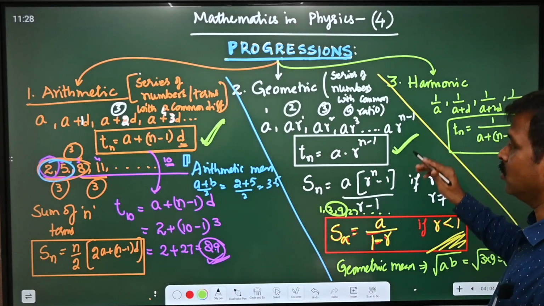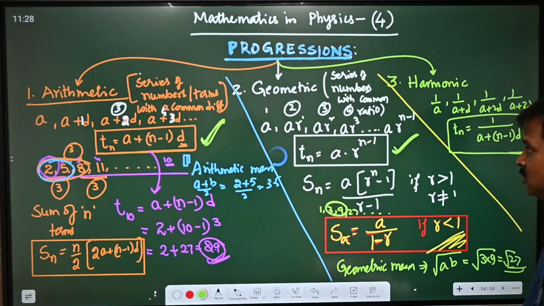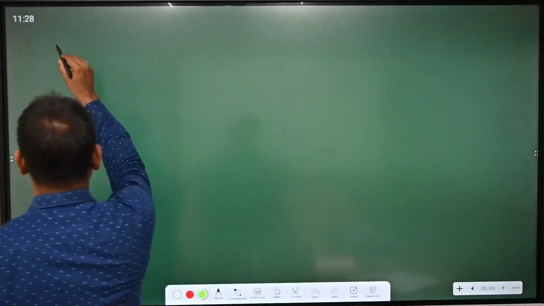Now we will see where we can use this concept of AP, arithmetic progression, and GP, geometric progression, in physics. In this case, students, I am writing a question here.